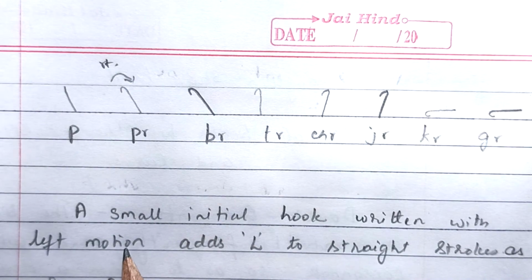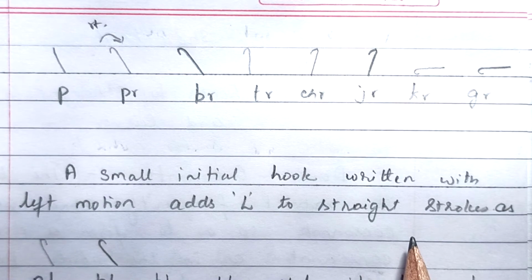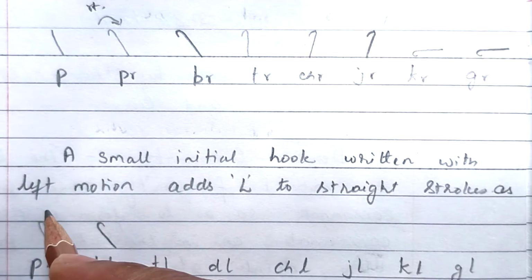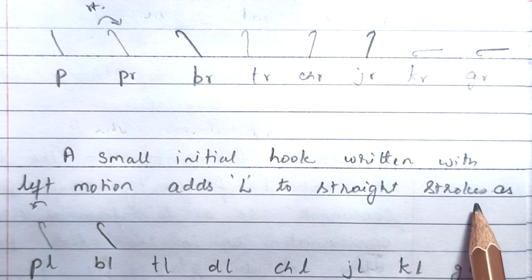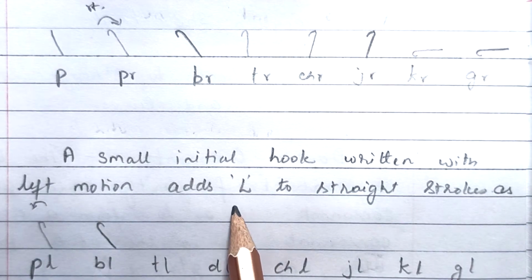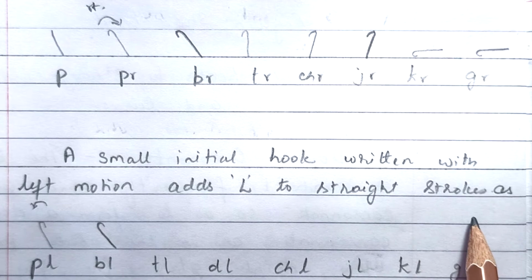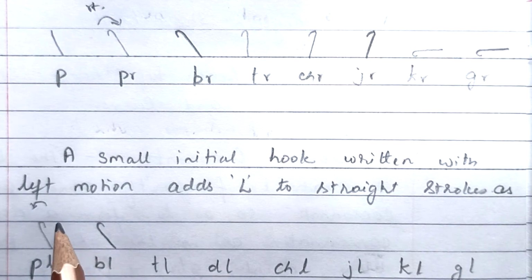And also a small initial hook written with left motion, this way, which adds L to straight strokes. So if we add a left hook to a consonant, we get the sound of L with the consonant.